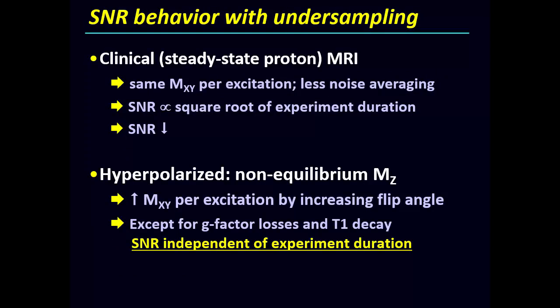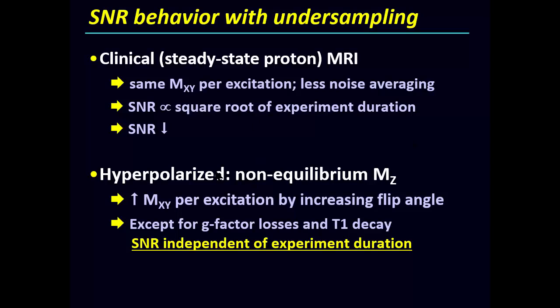So if you think about the consequence of this with regard to signal-to-noise behavior, if we do standard steady-state proton imaging, which is what most clinical imaging is, the transverse magnetization that's generated is the same with each excitation pulse. So if you do fewer excitations because you're undersampling for some reason, then you get less noise averaging, which means your signal-to-noise goes down as the square root of the experiment duration. So you lose signal-to-noise when you go faster, and that's what you're very familiar with in standard imaging.